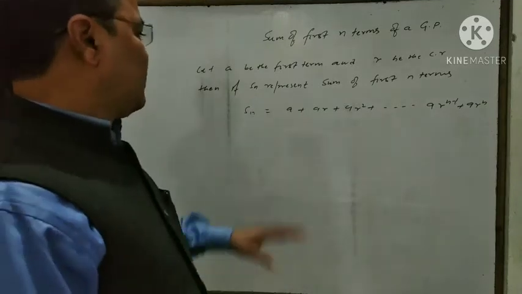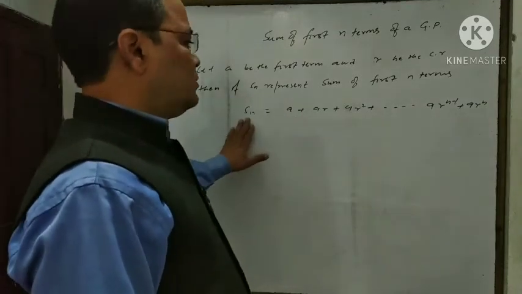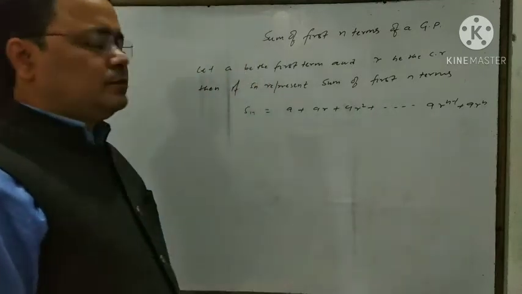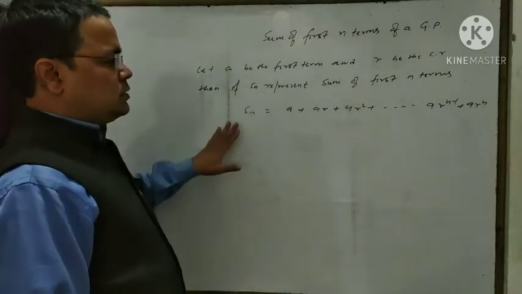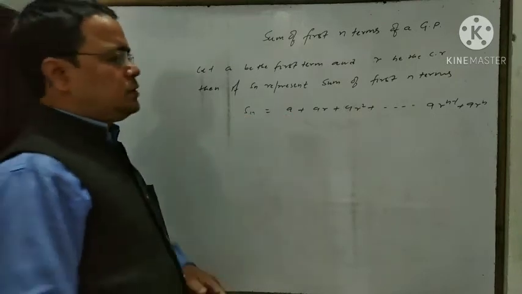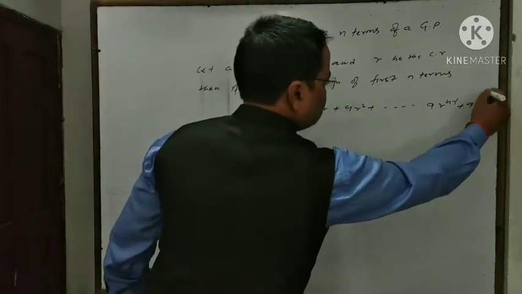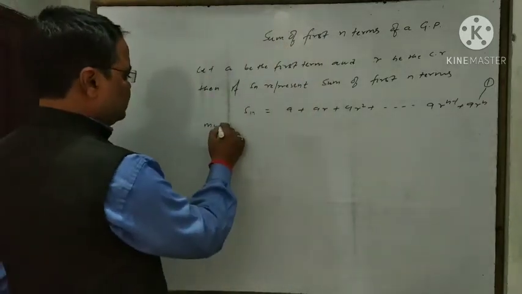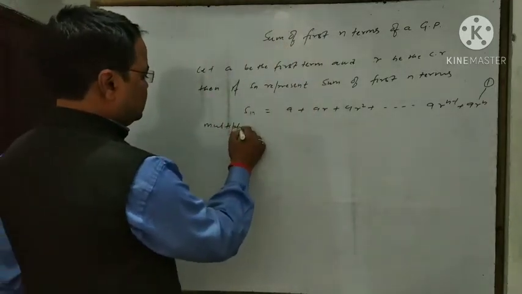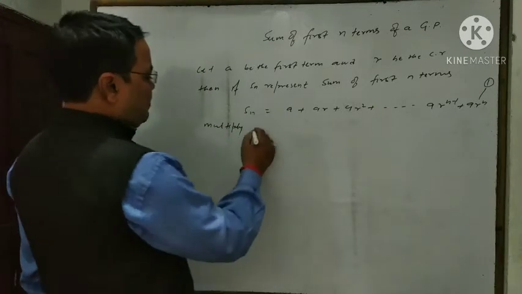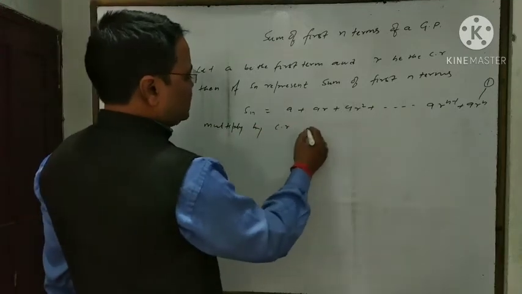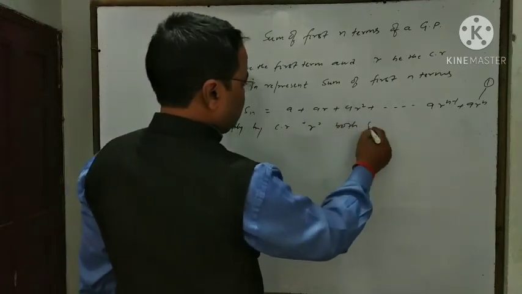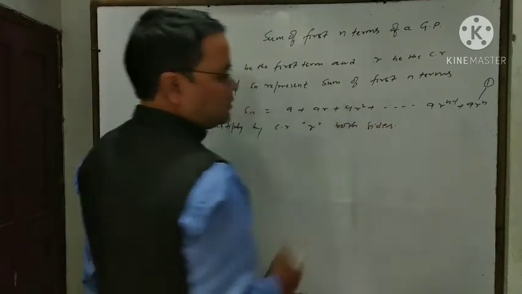This is the sum of the first n terms of the geometric progression. Let us take it as equation first. Now multiply both sides by the common ratio small r. Then what happened?